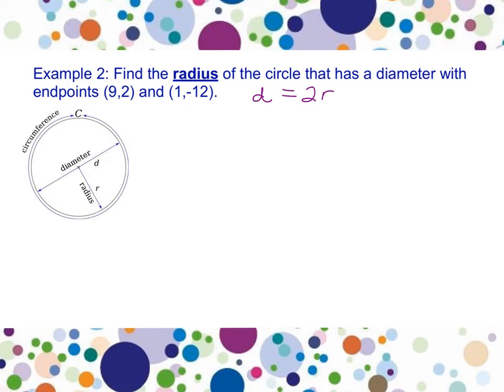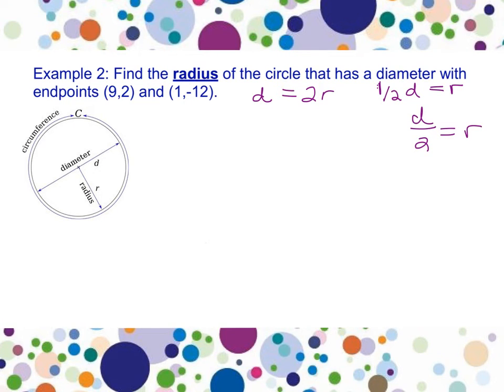Additionally, 1/2 of the diameter is equal to 1 radius. So if we can find the length of the diameter, all we have to do is divide it by 2 to get the radius. One other way of writing this is diameter divided by 2 equals radius.